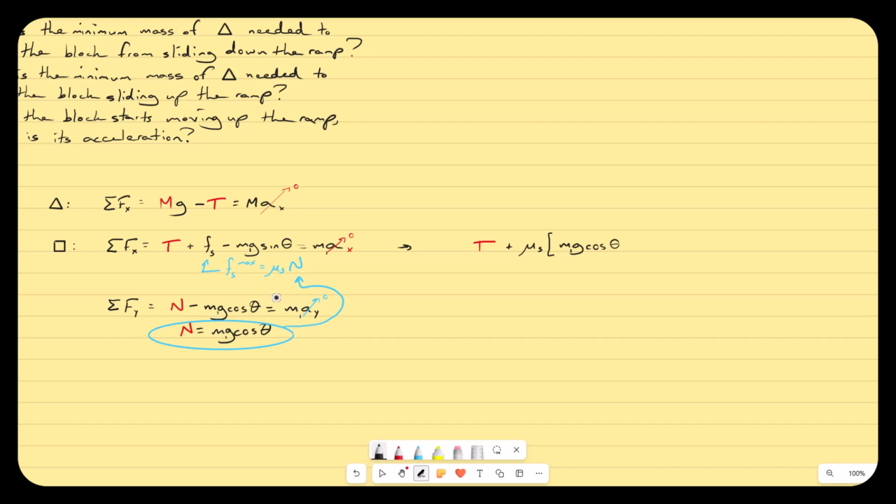The other one I called a capital M, so it's fine either way. T plus fs. This whole thing was my static friction. Minus m1g sine theta equals m1 times ax, which is 0.